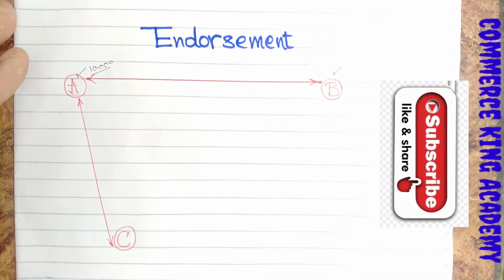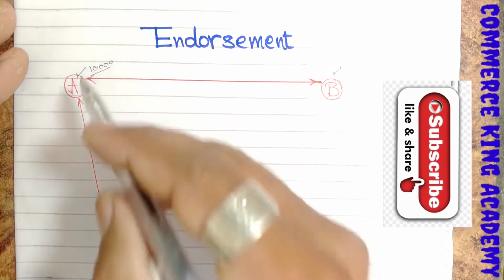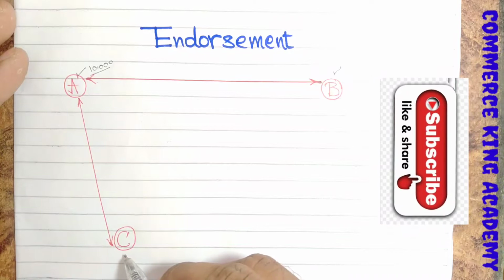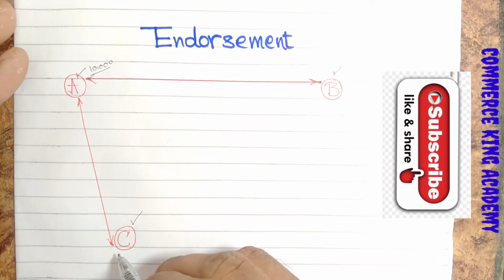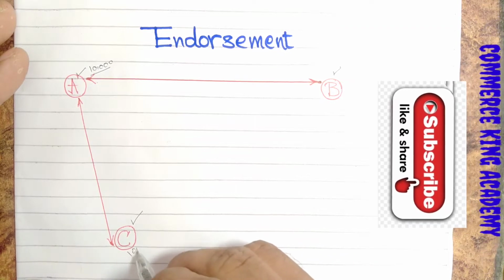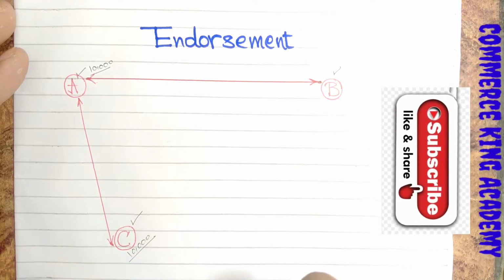In earlier dates, Mr. A had purchased from Mr. C, the third person, and has a debt amounting to 10,000.